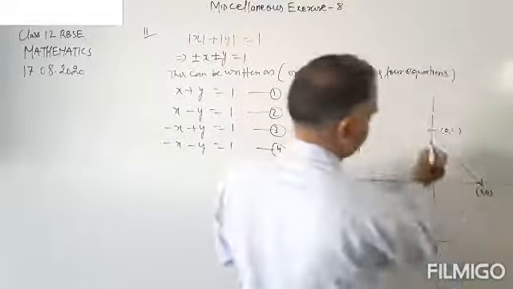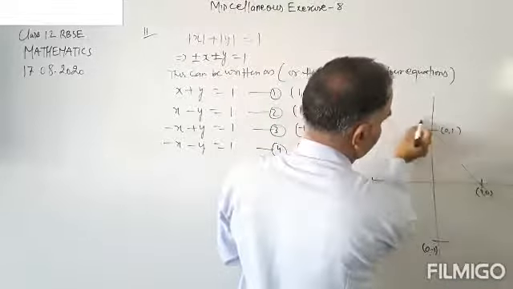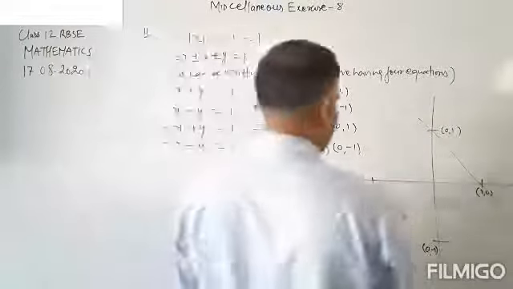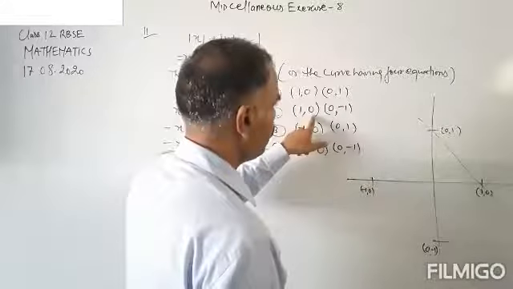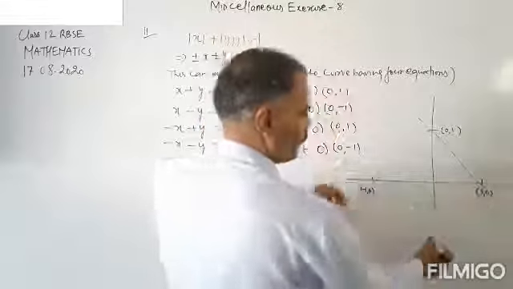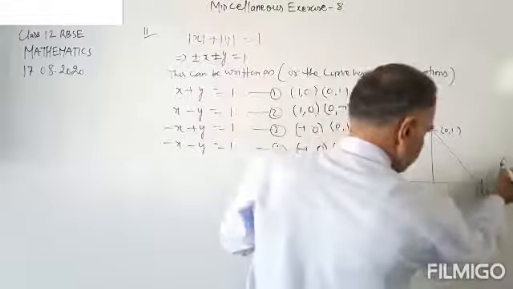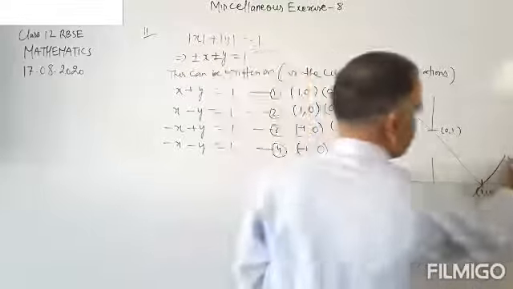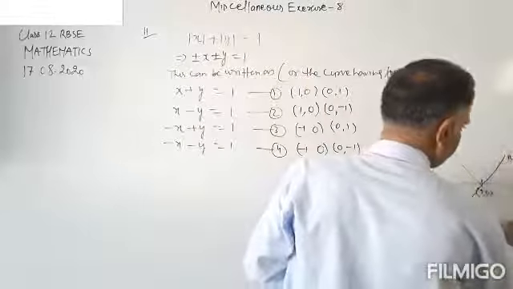This one is the graph of the first equation. And the second equation has (1, 0) in common, and (0, minus 1). So the second equation is this.